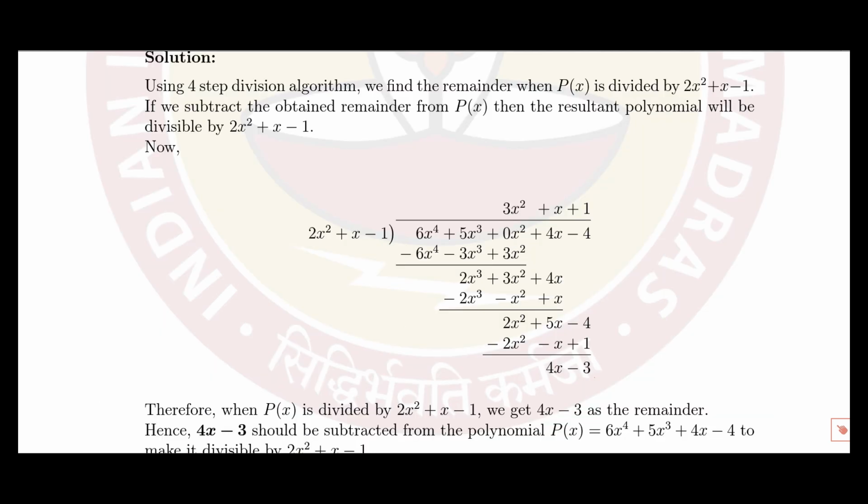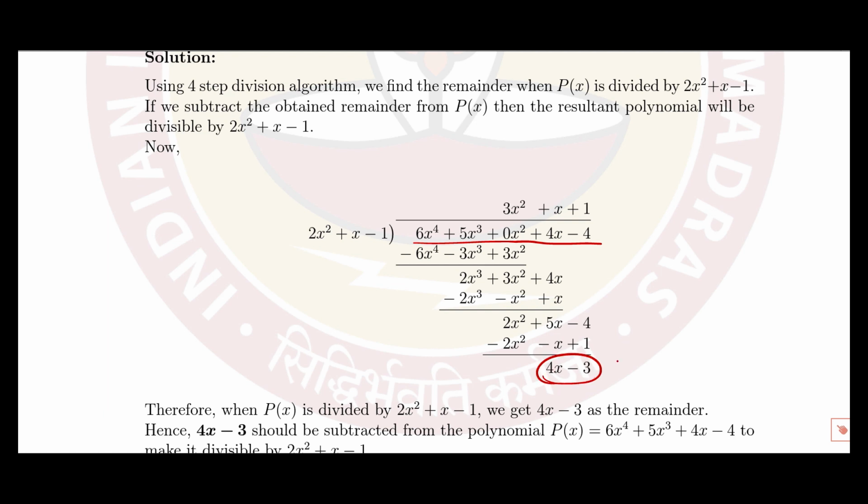Now by using the division algorithm, we write it like this: 6x power 4 plus 5x cube plus, there is no x square term, so 0x square plus 4x minus 4, and it is going to be divided by 2x square plus x minus 1. If we perform the division algorithm, we obtain the remainder 4x minus 3.